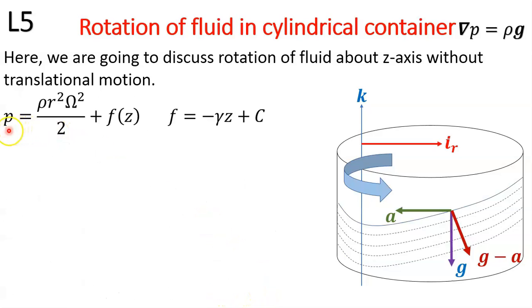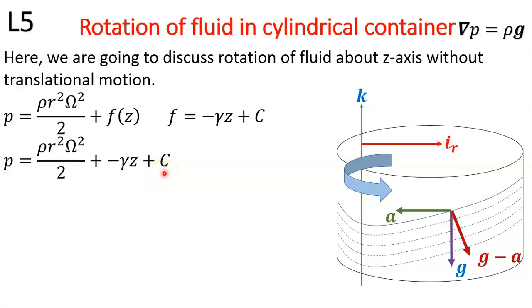Now these equations we are again handling in a proper way. So for the constant of integration f of z, we have f equal to minus gamma z plus c. So we can club these two equations together so that we have f replaced by minus gamma z plus c, and now our agenda is to estimate what c is.